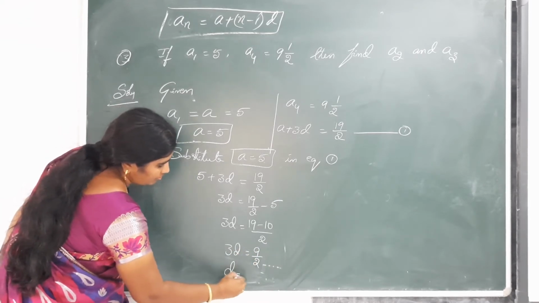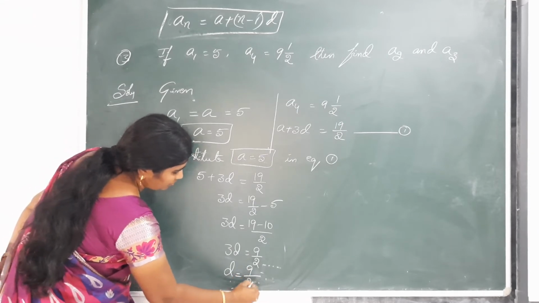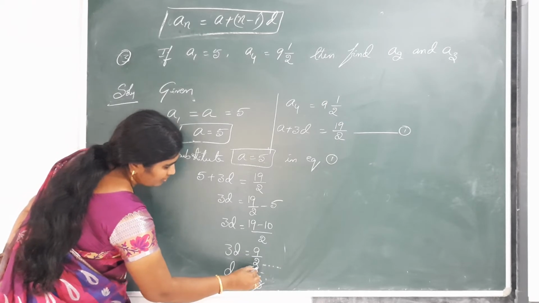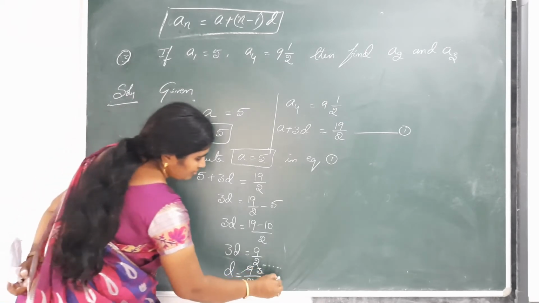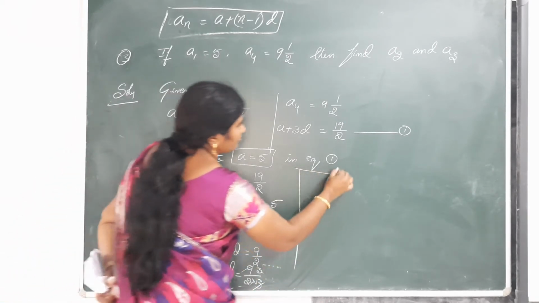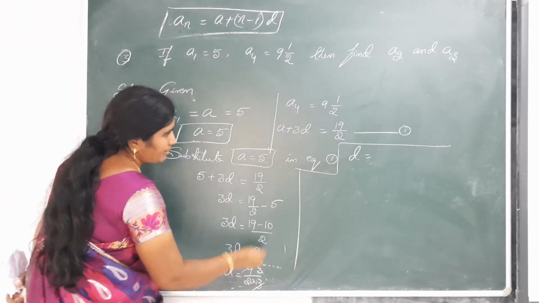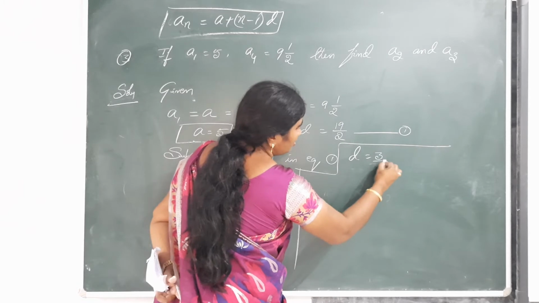D equal to 9 by (2 into 3). 3 times 9 is 27, so 9 by 3 is 3. Then D equal to 3 by 2.